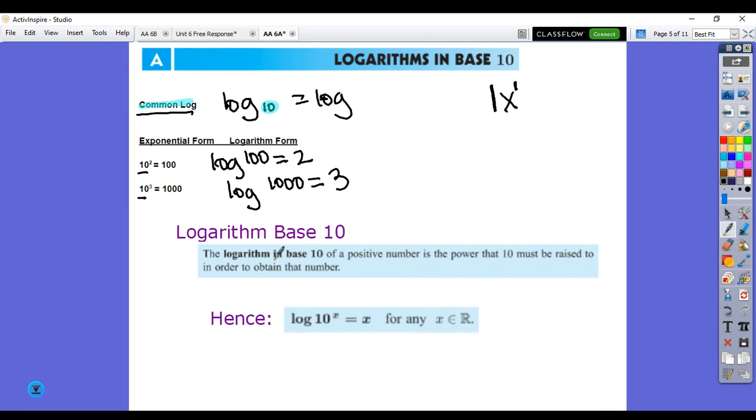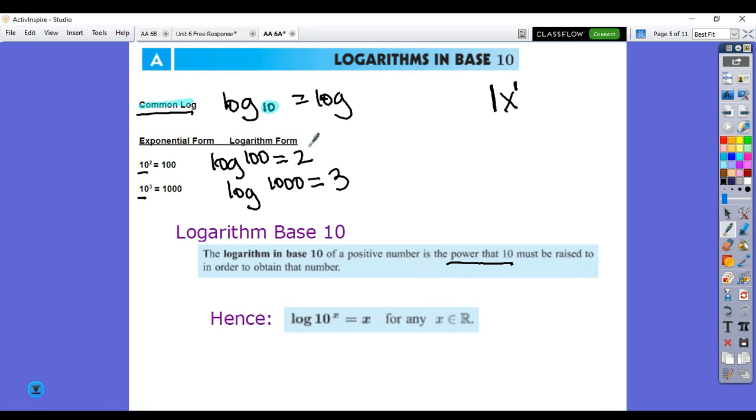All right, so logarithm base 10 just says the logarithm in base 10 of a positive number is the power of 10 that it must be raised to get that number. So log base 10 of 10 to any power will always equal the number.